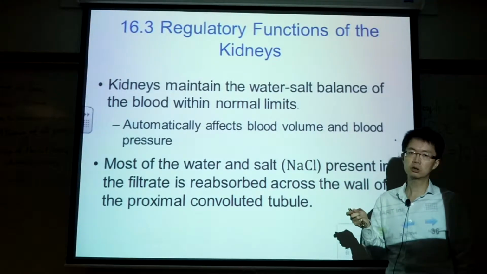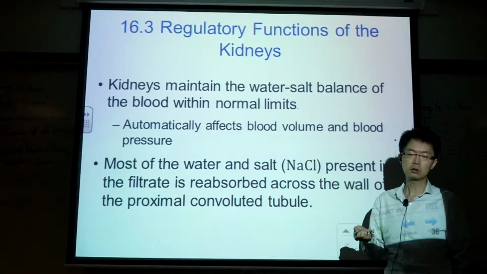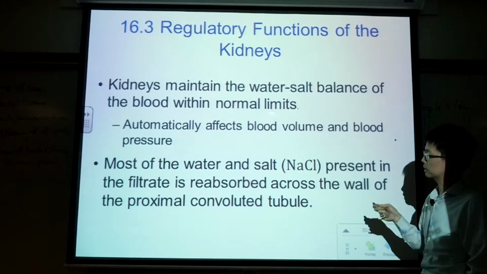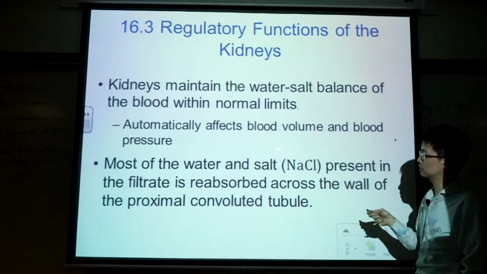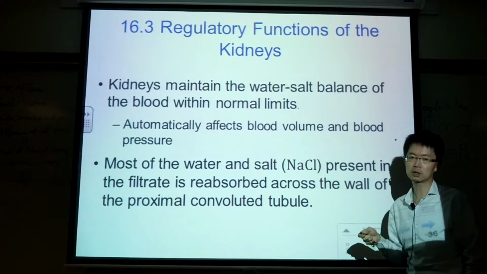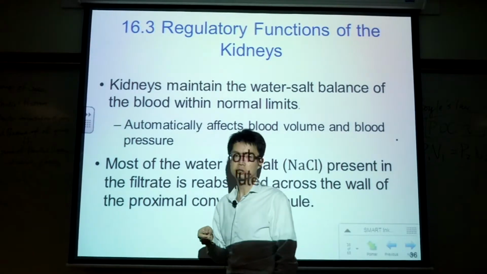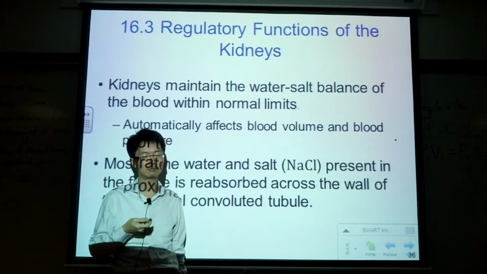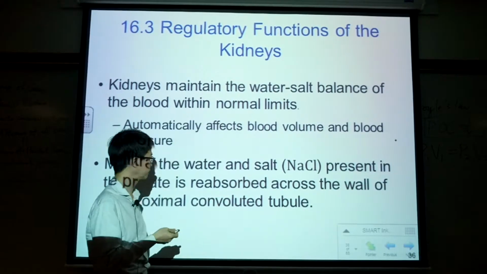And by controlling the amount of water going into our body or leaving our body, the urinary system indirectly controls the blood volume and the blood pressure of the cardiovascular system. So you can see that the urinary system assists the cardiovascular system.